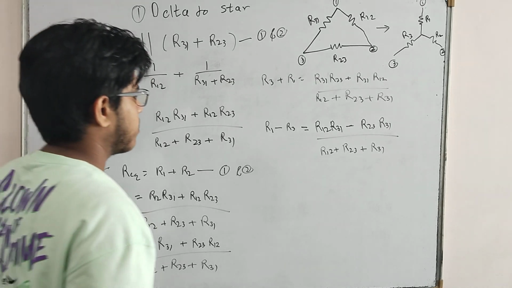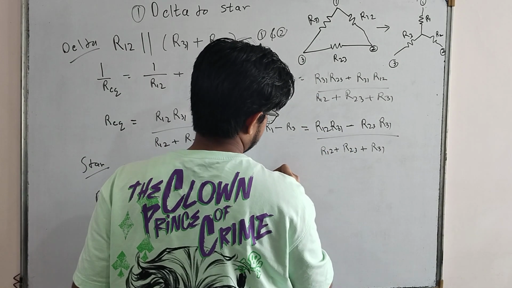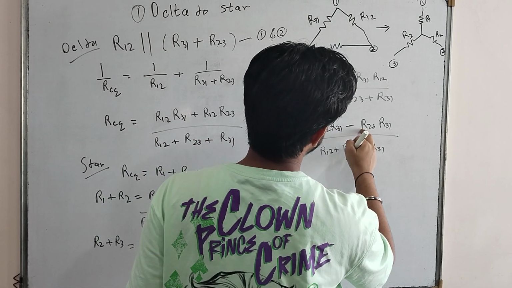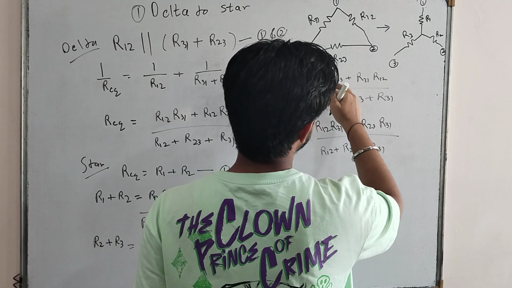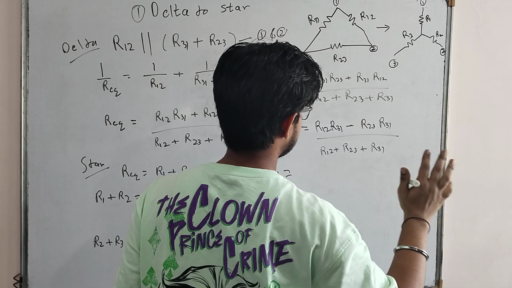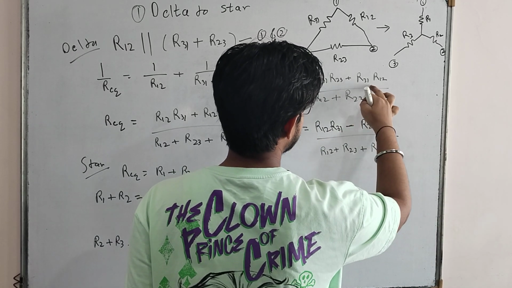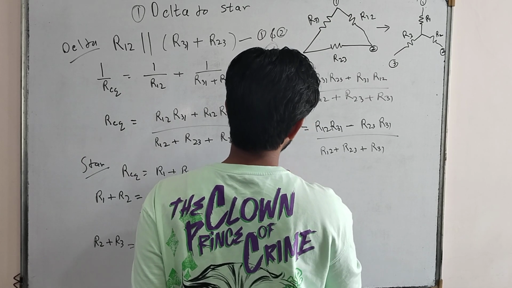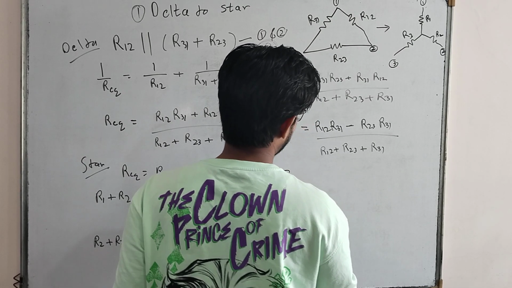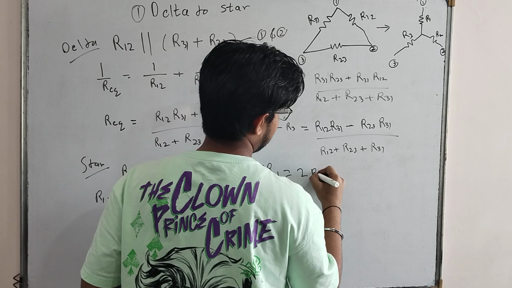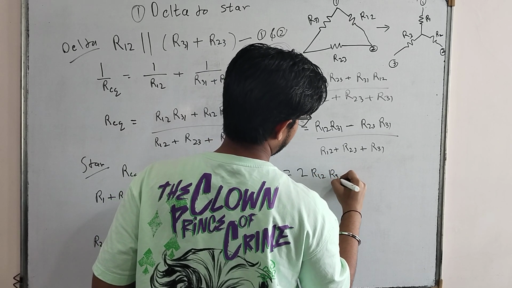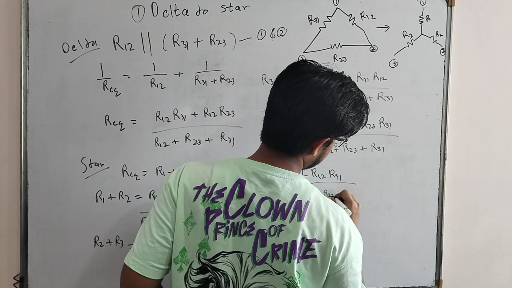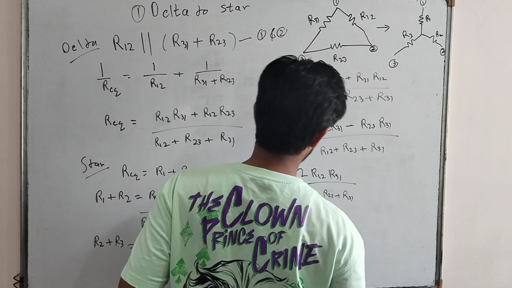Okay, so now on adding both equations, we get R1 is equal to... this term and this term will get cancelled out, and this term will get 2 times. So our final answer turns out to be 2 times R1 is equal to 2 times R12 into R31 whole divided by R12 plus R23 plus R31.